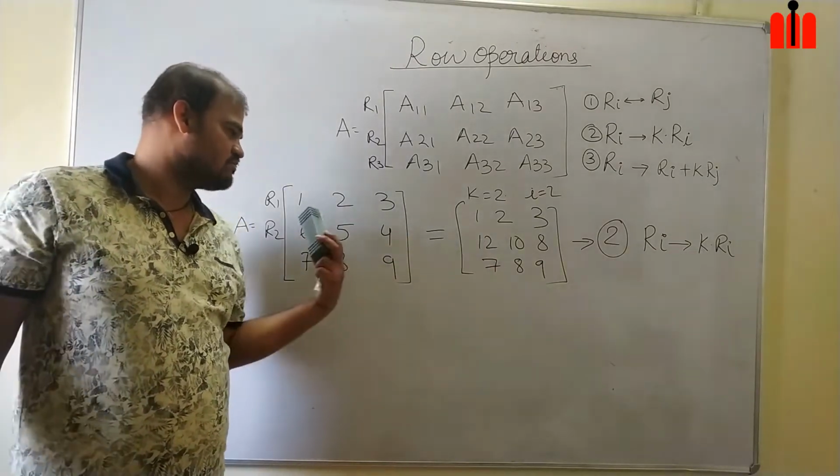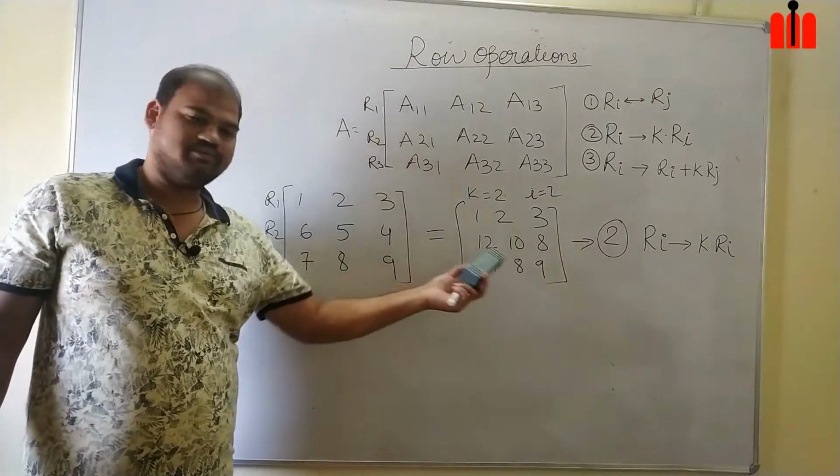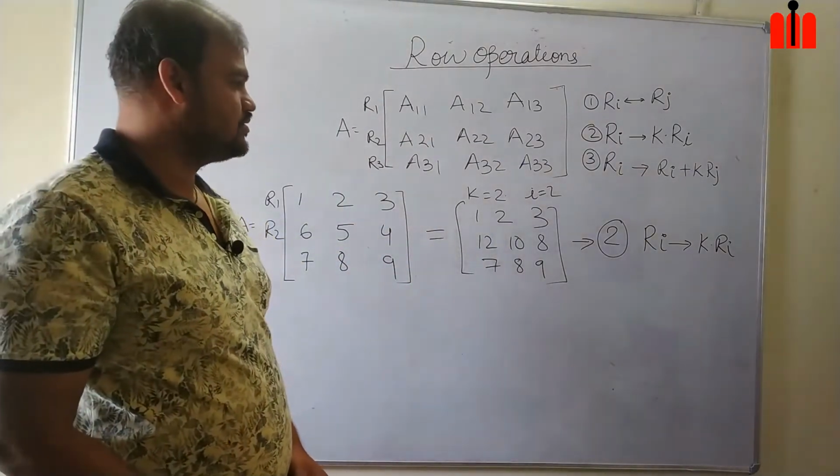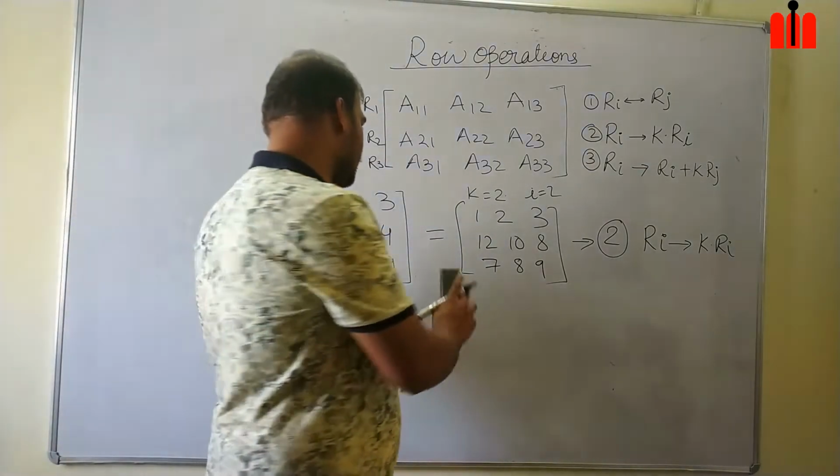So 6 will become 12, 5 will become 10 and 4 will become 8. This completes my second operation. Now let's move on to our third.